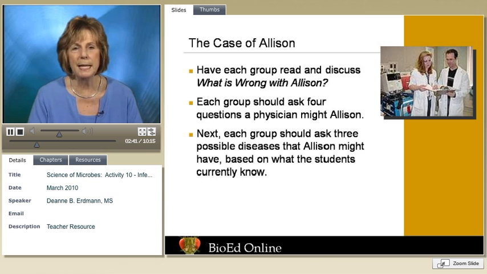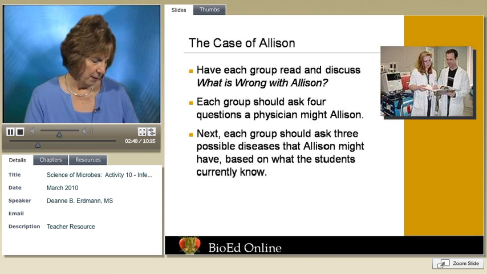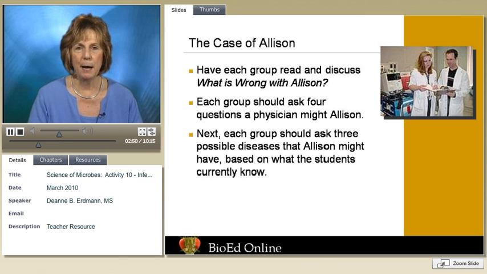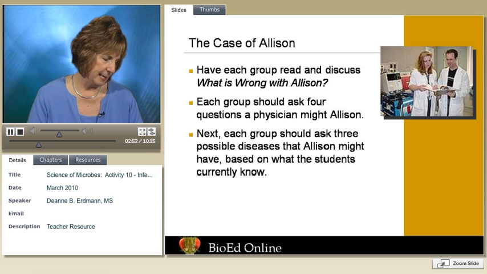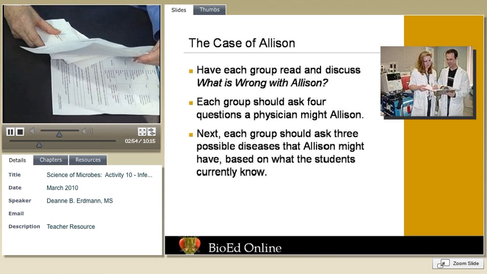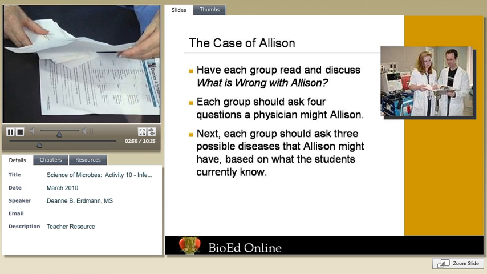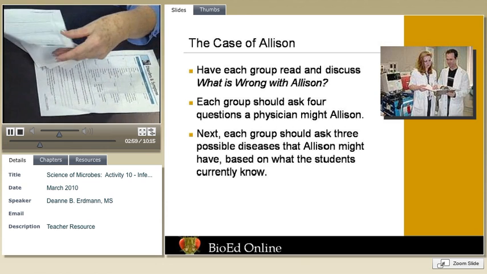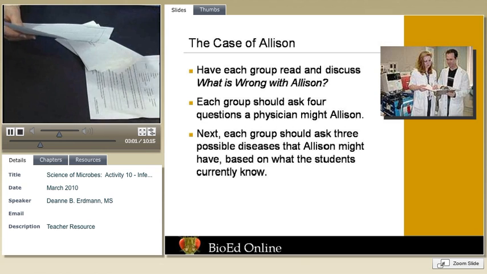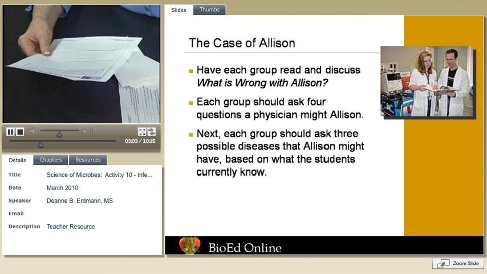So once you've got them thinking along this line, you're going to have them read and discuss What Is Wrong with Allison. So Allison is our poor case here, and it talks about how Allison is an active, healthy girl, and it gives you a few things to consider. She likes to play outside with her dog.